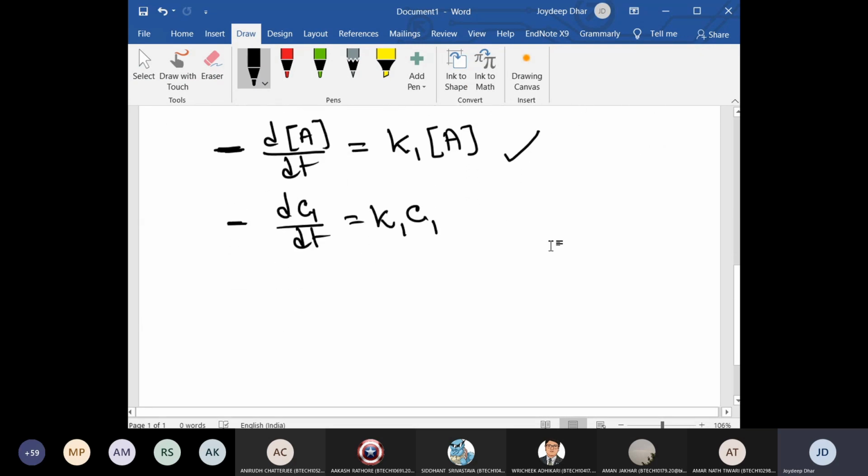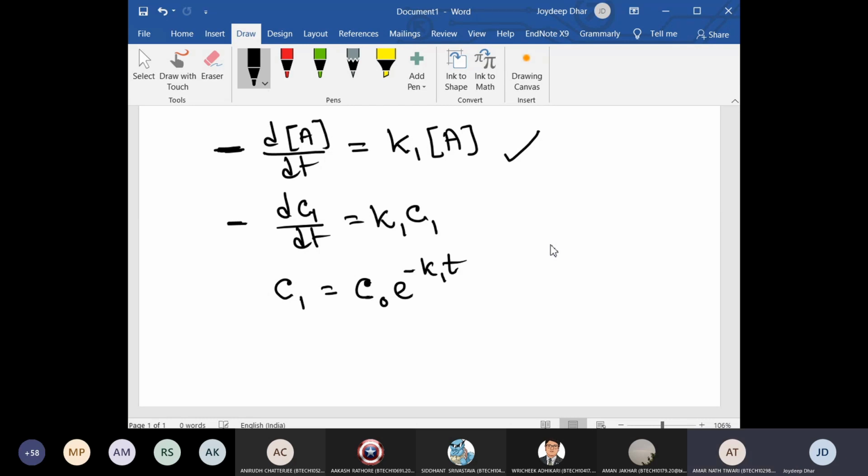Do you remember what the final concentration C1 will be? It will be C naught e to the power minus K1 into T. This is the general form. The derivations are there in your book PDF, or you can see your school book.